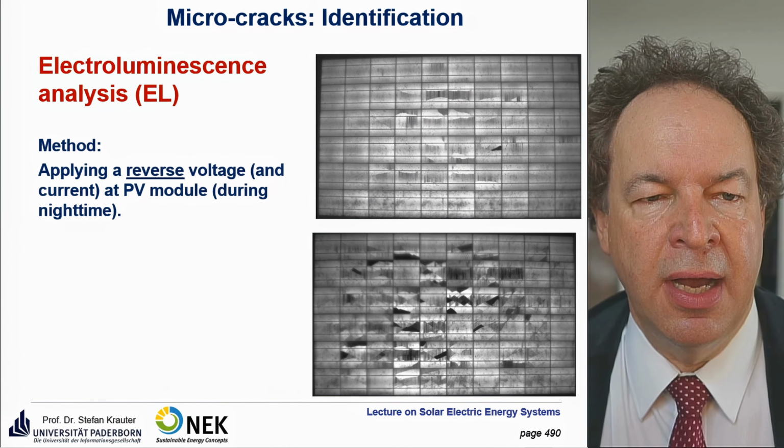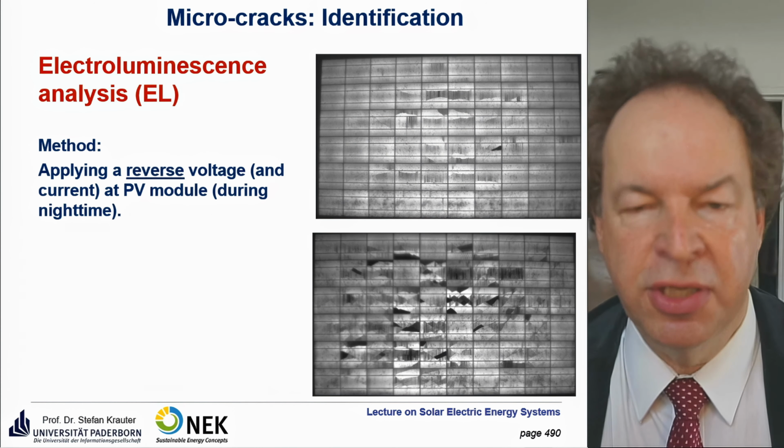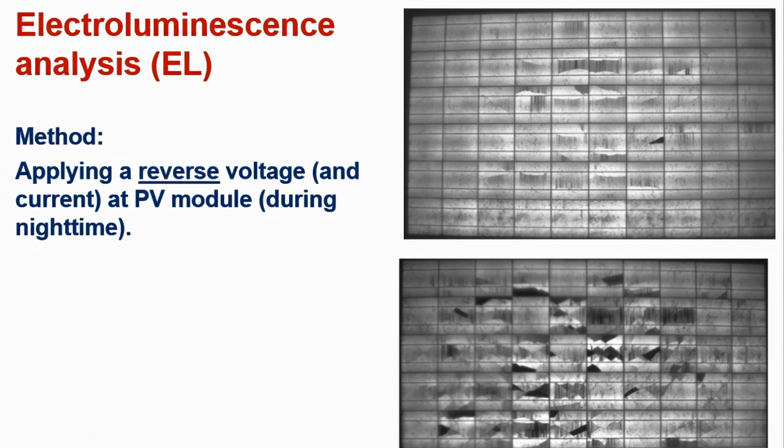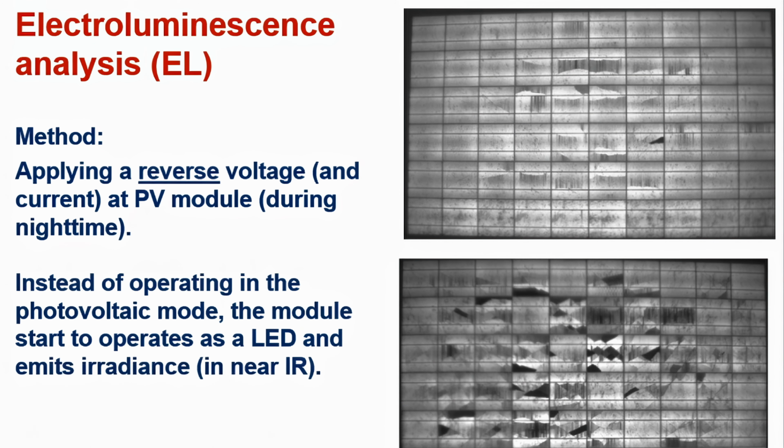What you do there is you apply a reverse voltage, accordingly a reverse current, to the PV module and make that visible. Usually you do it during nighttime to not be confused by the actual solar irradiance. The module starts to illuminate, starts to operate as a light-emitting diode, and you have an infrared LED then, and you take a picture of that.